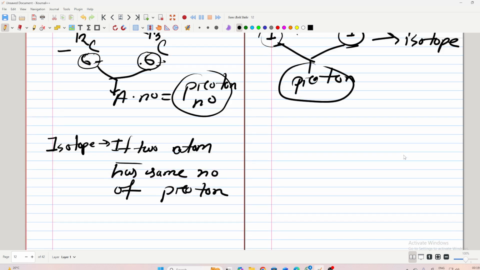Now we will learn another topic. Always keep in mind that mass equals proton number plus neutron number.